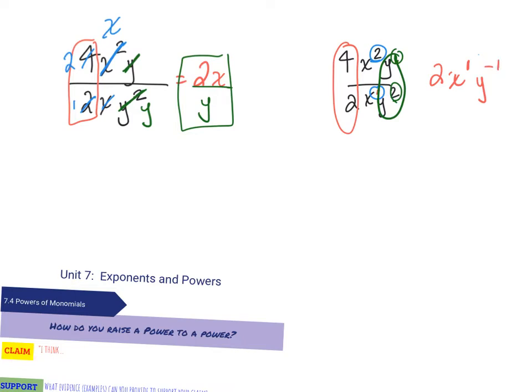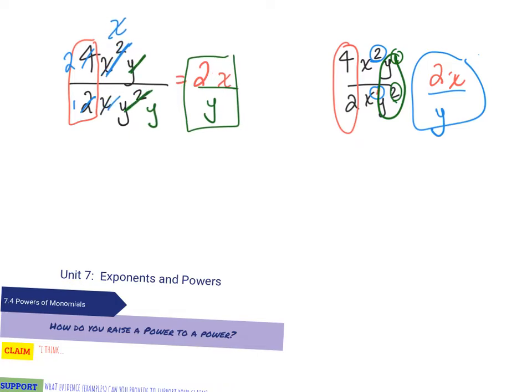And then from there, that's where you would then say, oh, I'm not allowed to have a negative exponent because it's telling me I am in the wrong part of the fraction bar. And the y is the only one with a negative exponent because the x is positive exponent of 1. And so you would bring him down to the bottom, make him positive, and you would get the same answer, 2x over y, whichever way you did it.